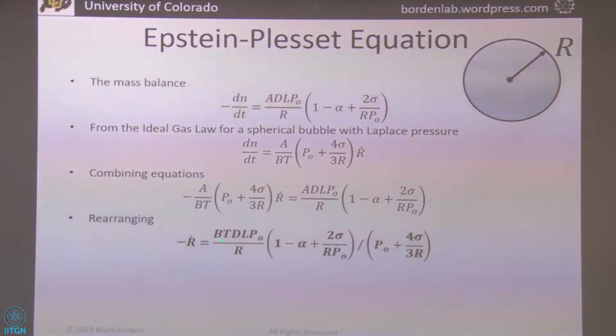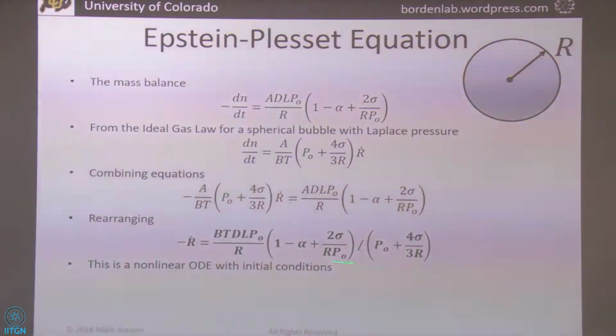So we wind up getting R times T, ideal gas constant times temperature, times D, the mass diffusivity, which comes from the Sherwood number approximation, times L, the Henry's constant in terms of concentration, moles per unit volume, times hydrostatic pressure over bubble radius r. And then we have a term on the top, 1 minus alpha, 2 times sigma over r P naught, and then we got a term on the bottom, 1 plus 4 times sigma over 3r P naught. Okay, that's this term.